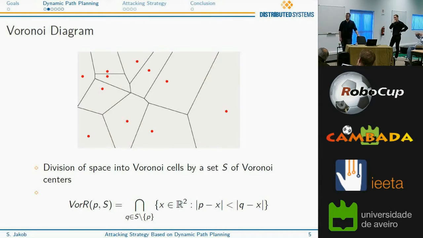In terms of the implementation, do you try to drive along the line? Do you drive to the next vertex? Yeah, normally we calculate the full path, but we only use the first vertex as a goal. So it will change every 33 milliseconds, so we can easily avoid it if the opponent is moving. Okay.